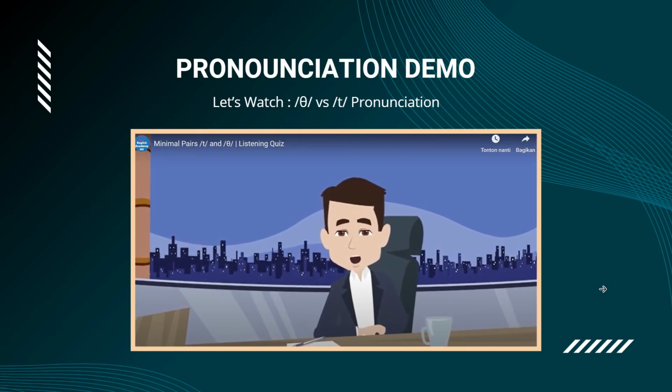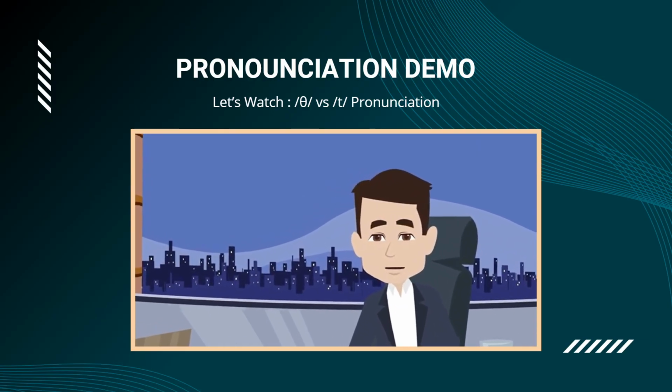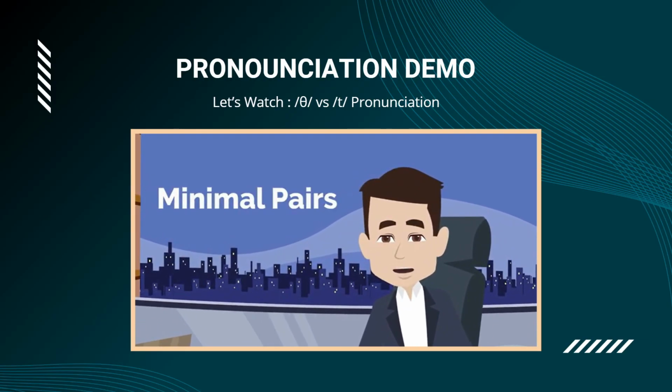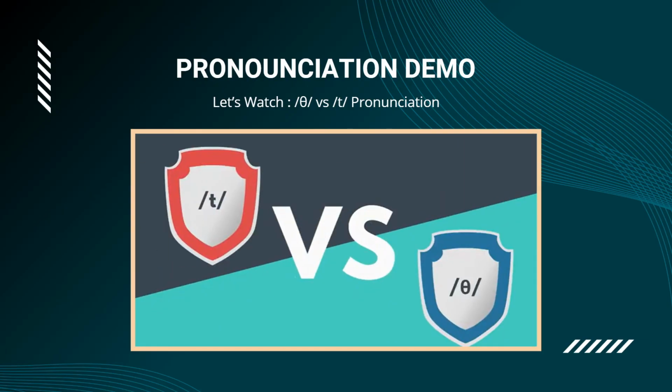Pronunciation is very important. In this lesson, we will learn an aspect of English pronunciation called minimal pairs. Minimal pairs are two different words that sound very similar, but usually differ by one sound. Today, we will be looking at the difference between the t and th sounds.